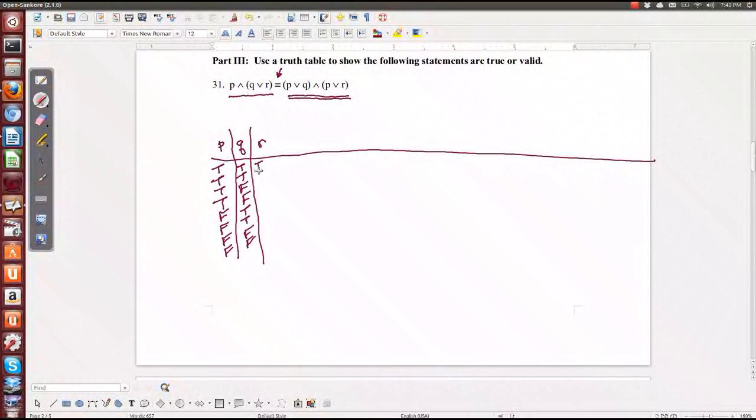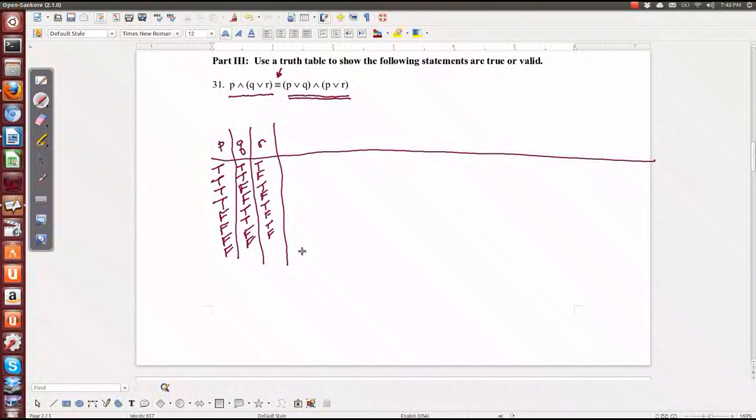And for my third column, true, false, true, false, true, false, true, false. So I have 3 statements in this, and I should have 8 rows in my truth table.